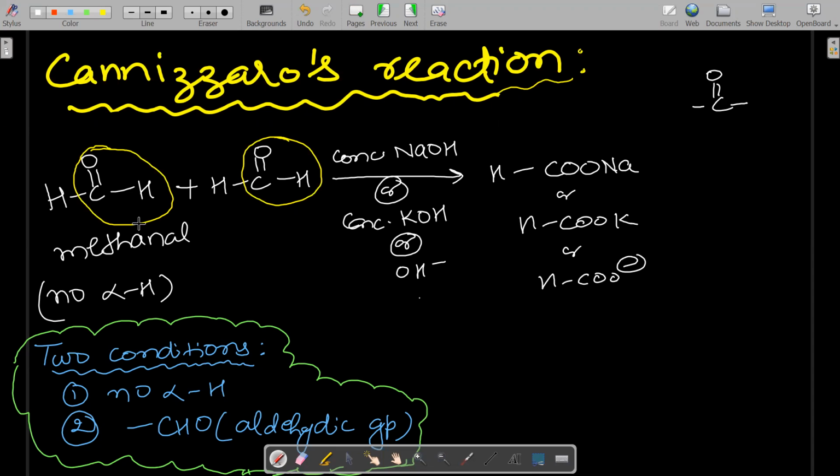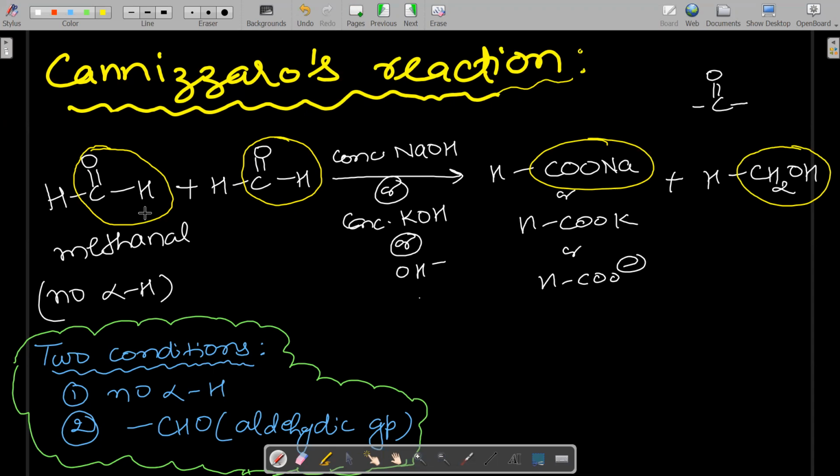So simply we can say that out of 2 molecules, 1 molecule is oxidized into carboxylic acid, or we can say the salt of carboxylic acid, and the second CHO molecule is reduced into alcohol, meaning this CHO group is reduced into CH2OH. So this CHO group is oxidized into COONa, and the second CHO molecule is reduced into CH2OH. One mole is oxidized into carboxylic acid and the other mole is reduced into alcohol.